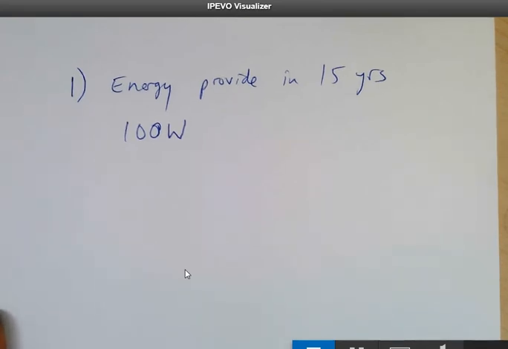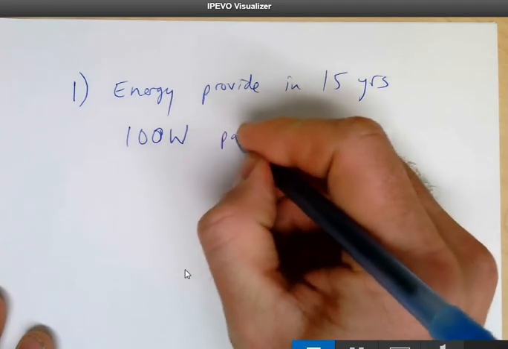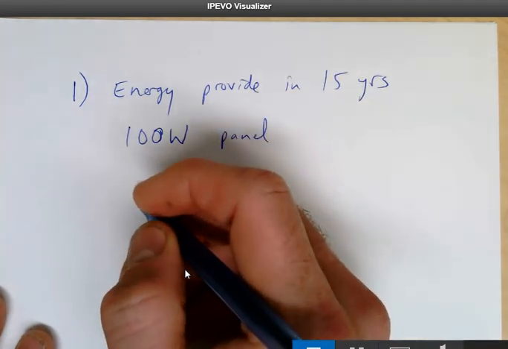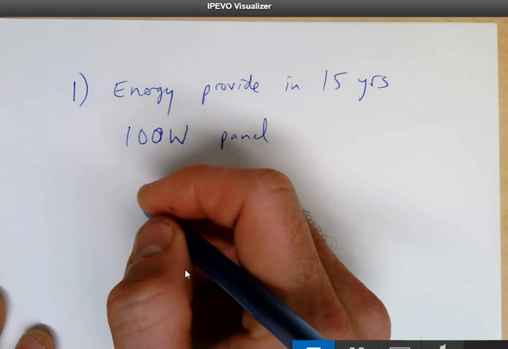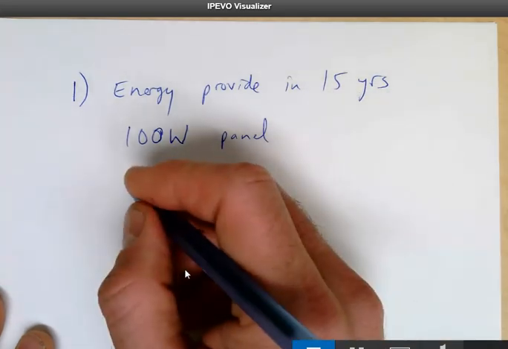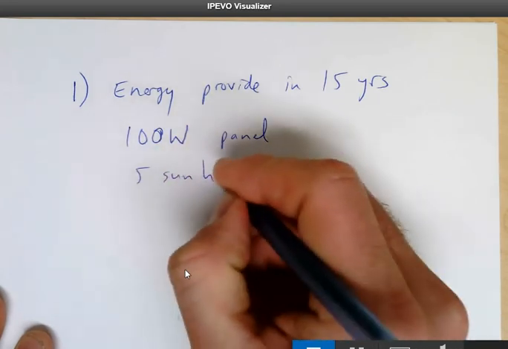We were trying to produce about 260, so this is a 100 watt panel, and we're saying that we've got, let's say, 5 sun hours each day.